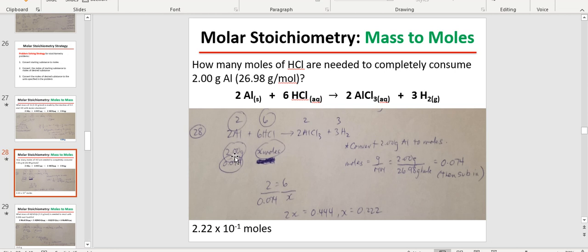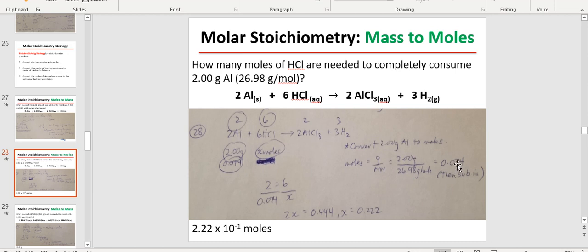Whenever you see grams in this situation, it should be a red flag, because I can't compare grams and moles. I've got to get this into moles. 2 grams of aluminum, the number of moles is equal to grams divided by the molar mass of aluminum, which is 2 grams divided by 26.98, which is equal to 0.074 moles.